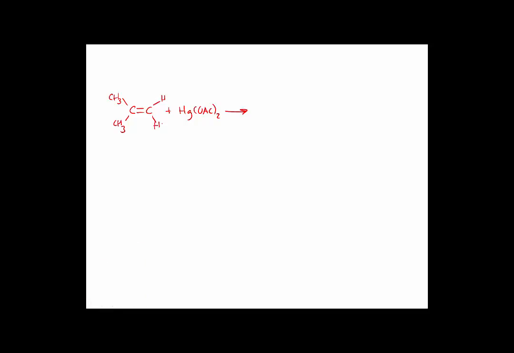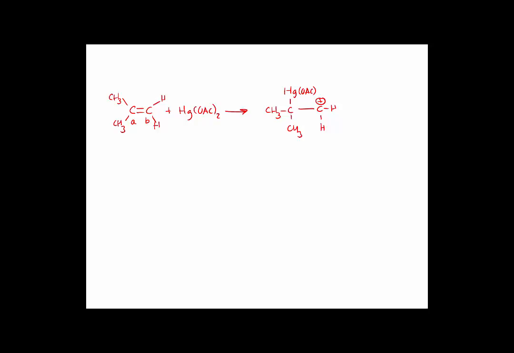So now let's add the mercury without the triangle. So let's make a choice. Let's add the mercury to carbon A, and let's add the mercury to carbon B. So if I add the mercury to carbon A, it's going to look like this. And I'm going to leave the plus charge on the CH2.